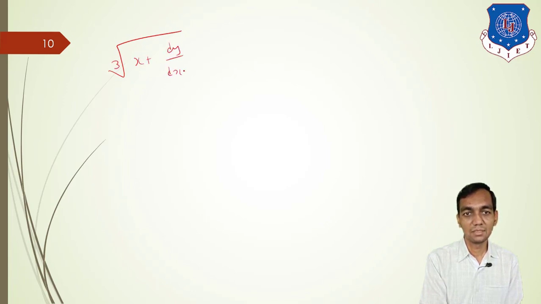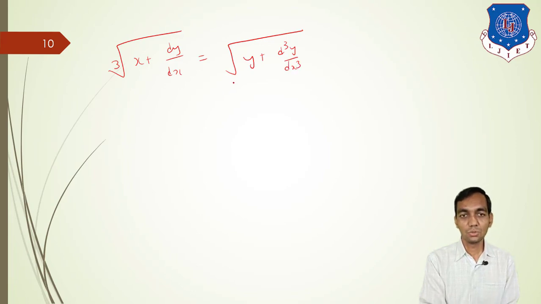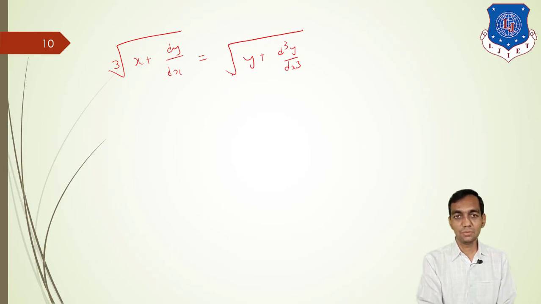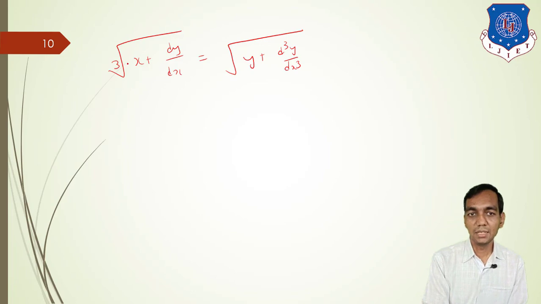In the same manner, suppose I am writing one example: cube root of (x plus dy by dx) is equal to square root of (y plus d cube y by dx cube). So first of all, if you check this, these are in the form of square root and cube root.